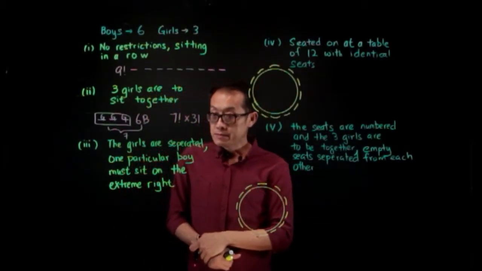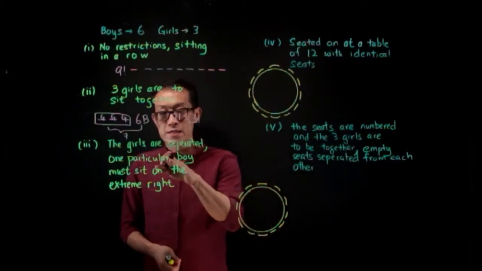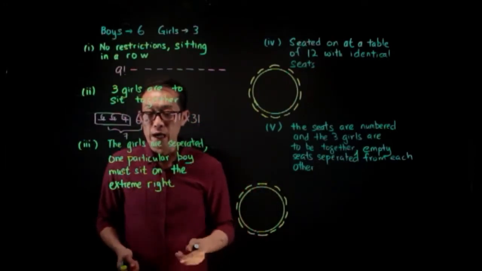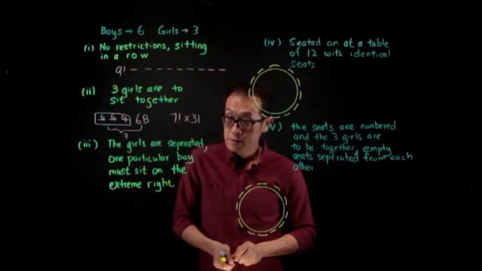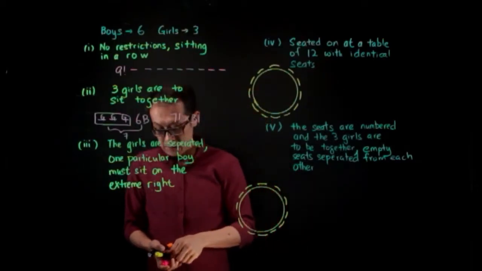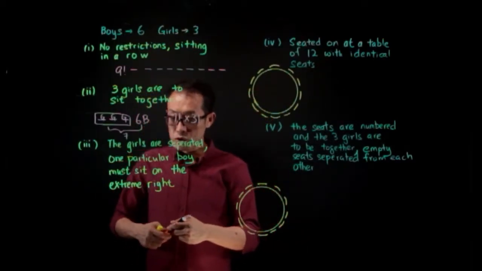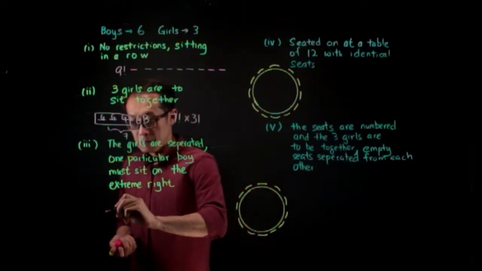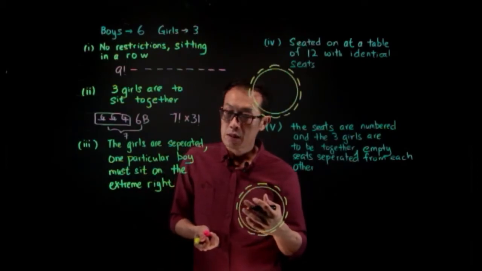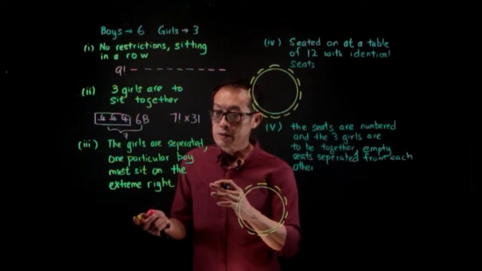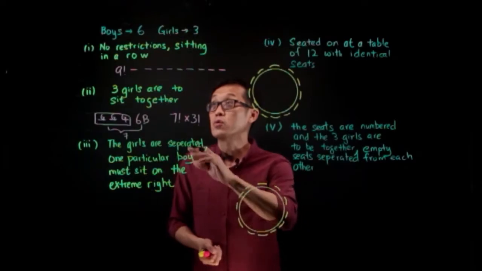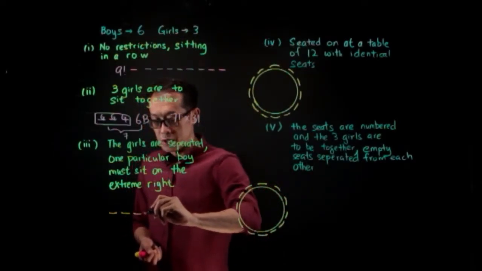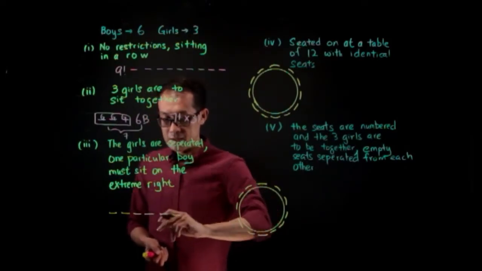Now, in part 3, the girls are to be separated. One particular boy must sit on the extreme right. Now, let me draw. 3 girls are to be separated. Maybe what we can do is we take out the girls first. So you have 6 boys, 1, 2, 3, 4, 5, 6.